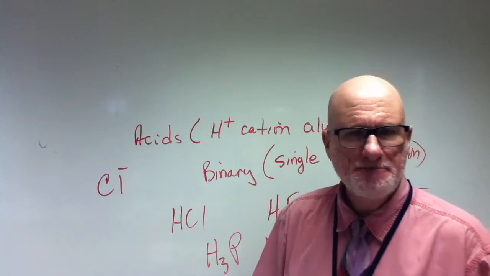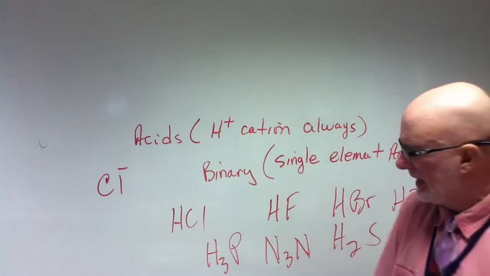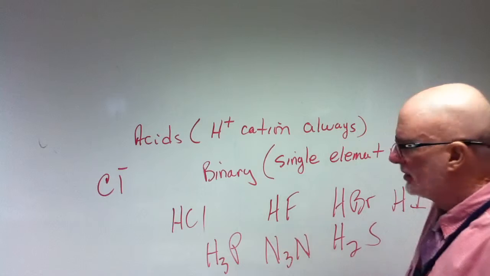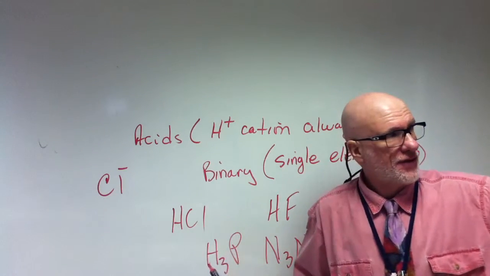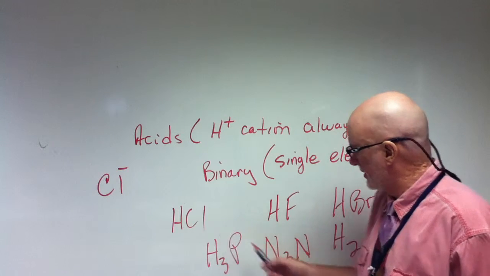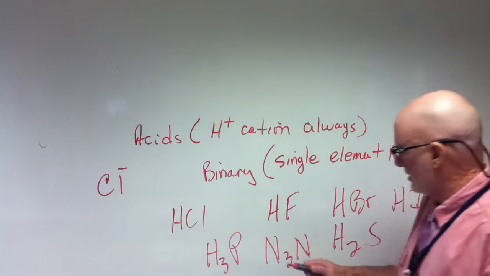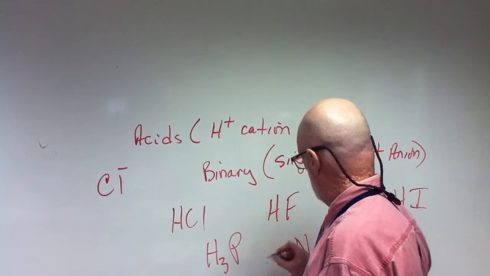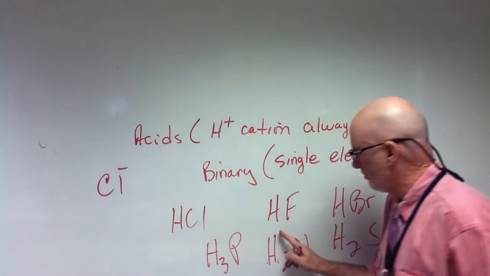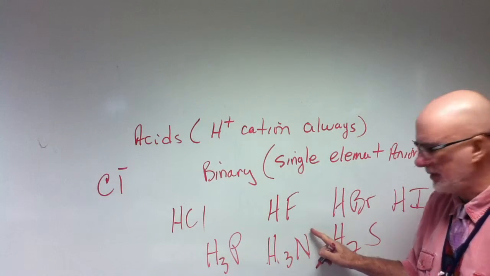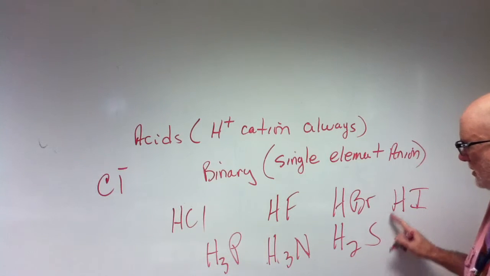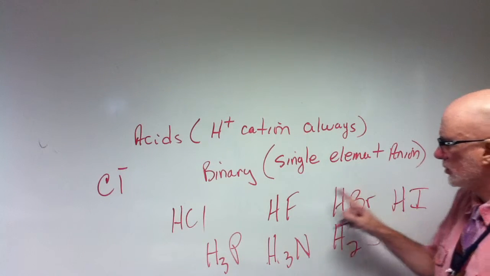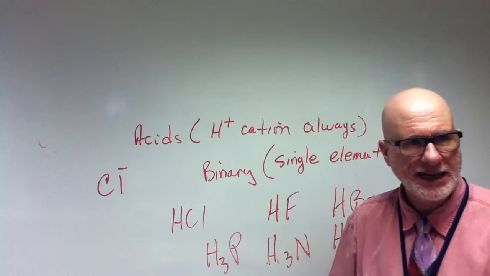Is anybody mystified as to how I would get those formulas? So that's -1, +1. Phosphorus, -3, +1. Right? What did I do? +1 -2, right? +1 -1, +1 -1, right? Easy? That's how to get those formulas.